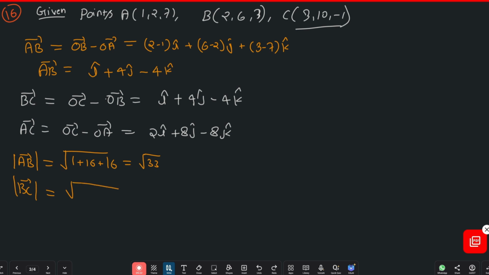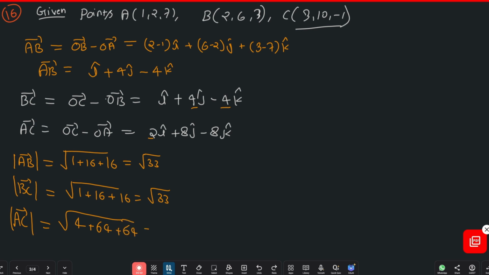It is 1 square is 1, 4 square is 16, and minus 4 whole square is again 16. So the answer is again root 33. Okay. What is AC length? AC is root over 2 square 4 plus 8 square 64 plus minus 8 square again 64.